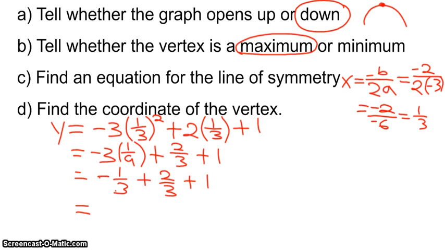Now we will combine all of those and we get negative 1/3 plus 2/3 is 1/3. 1 plus 1/3 is just 1 and 1/3. Or we can make it to be 4/3. So the coordinates of our vertex is our x, which we said is 1/3, and our y is 4/3.